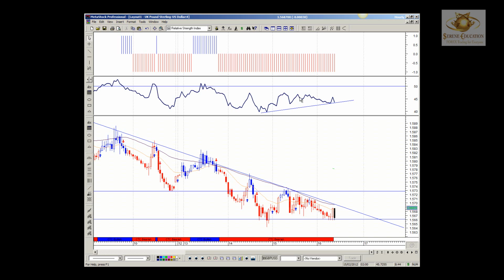But until such time we see a consolidative range here, and as long as price can remain below those, then we should look for potentially just a pullback to occur before we see further selling occurring for the remainder of this day. So just be aware of that.